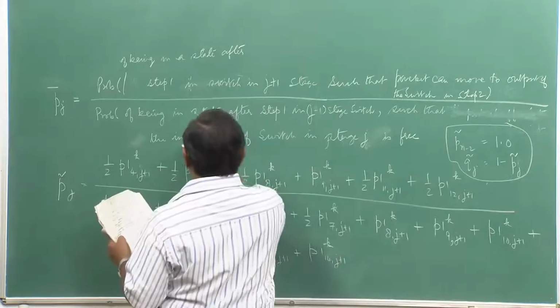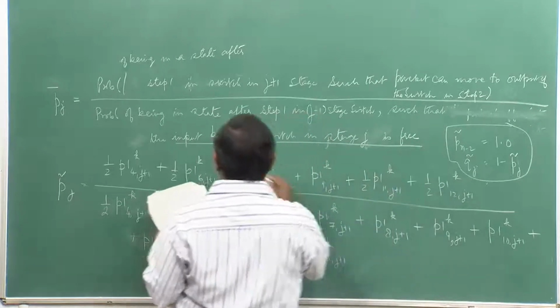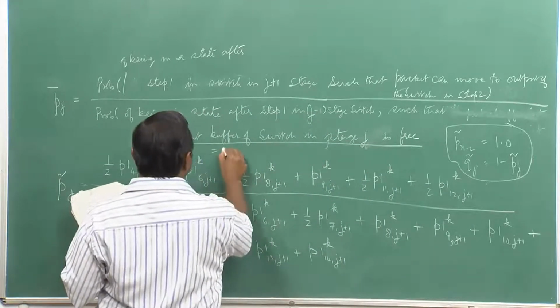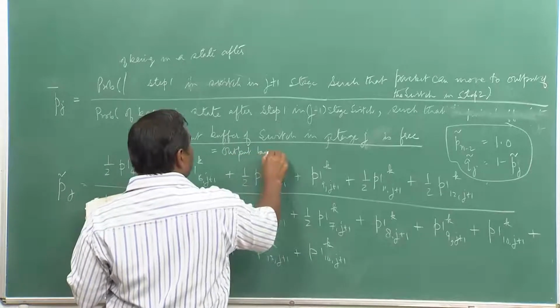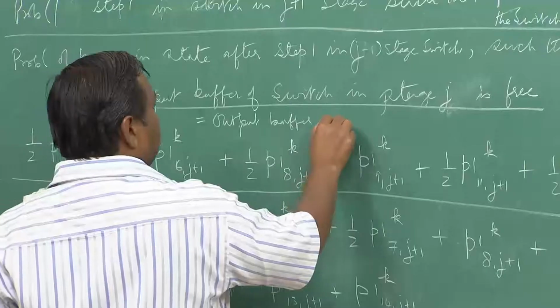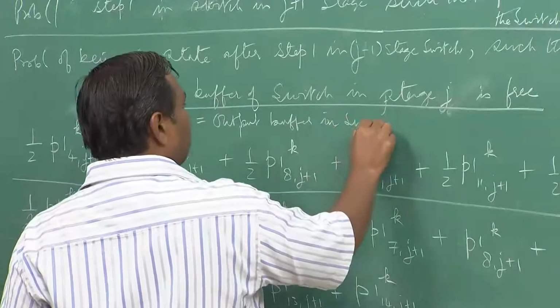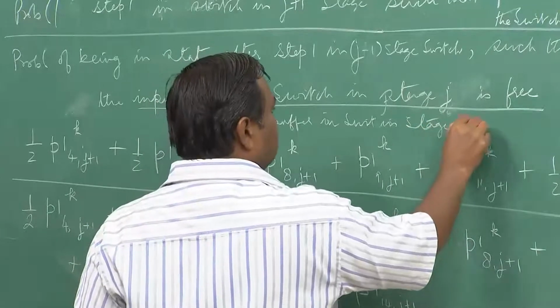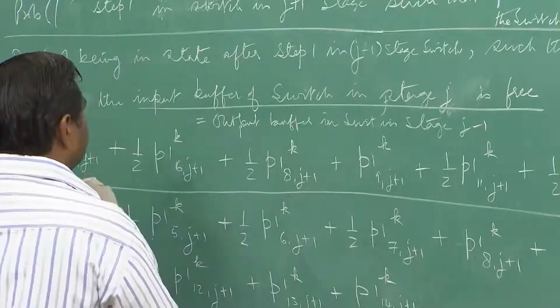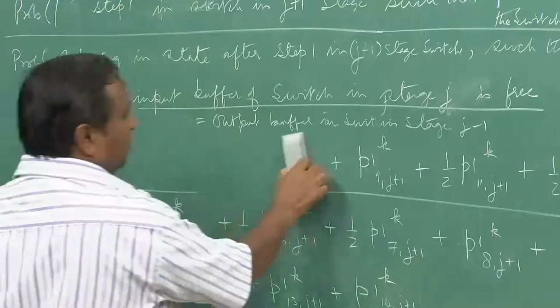Now this input buffer in stage j being free is technically also equal to the output buffer in switch in stage j minus 1. Okay. With this we will again compute.